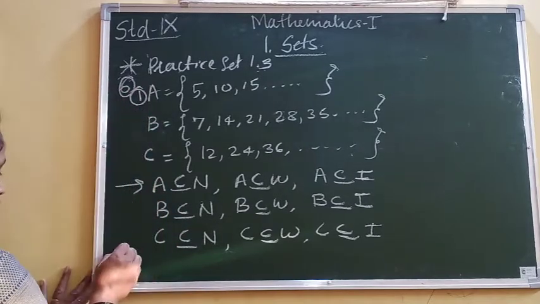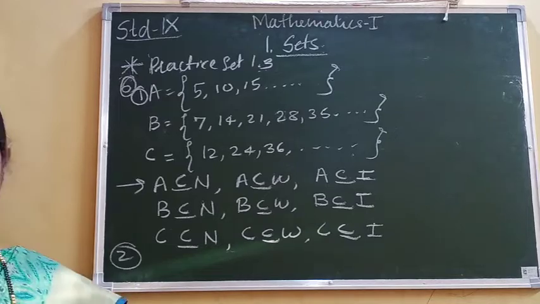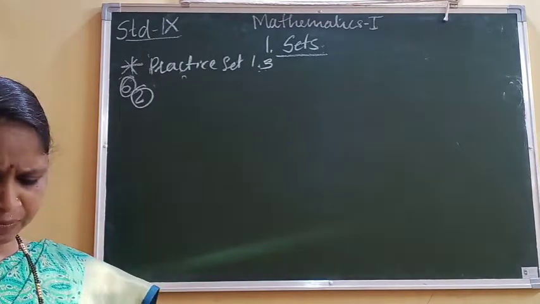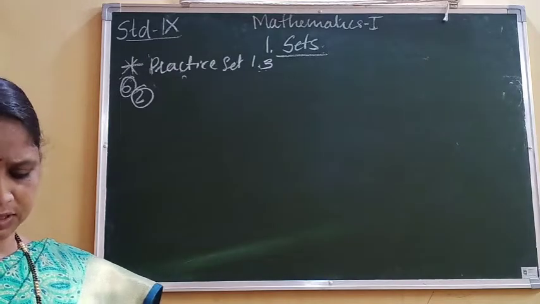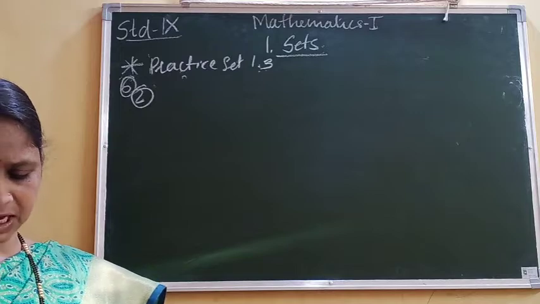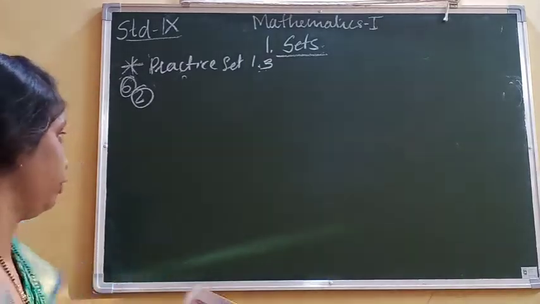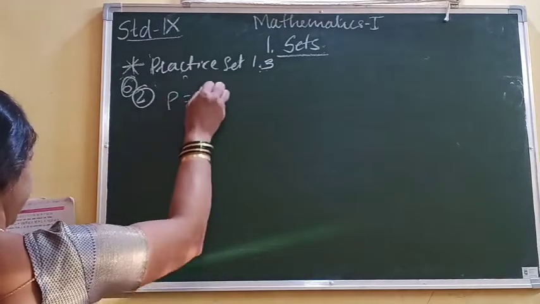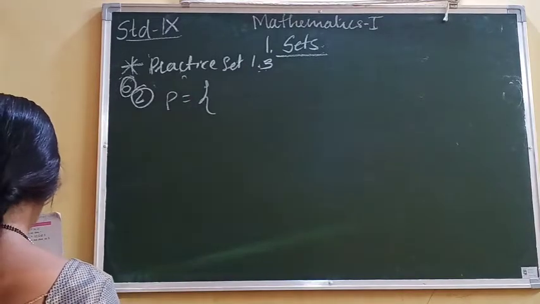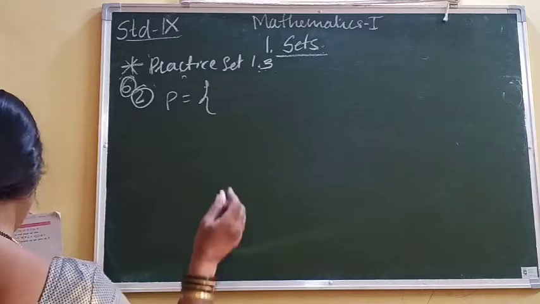Now the second part of the question, see. What does it tell? P is a set of integers which are multiples of 4. It means the P set is represented by the set of integers which are multiples of 4.